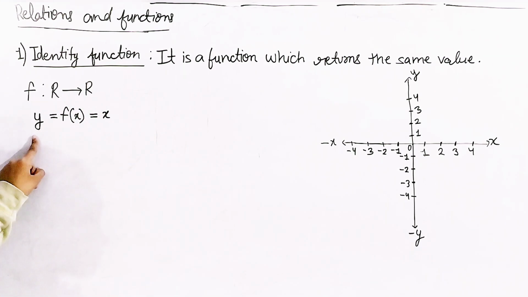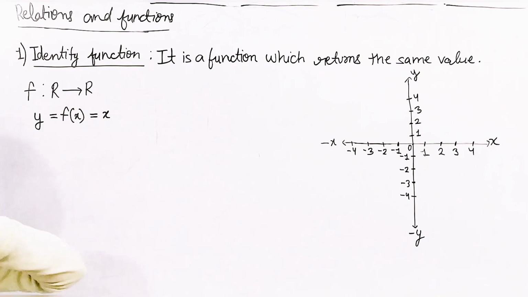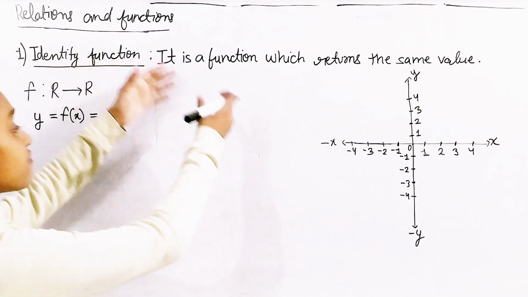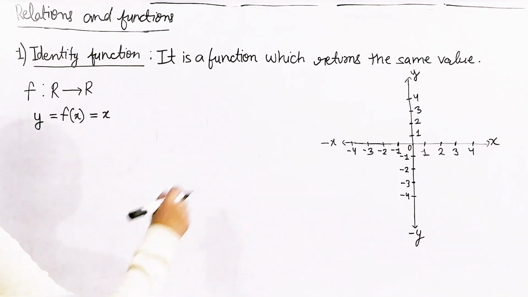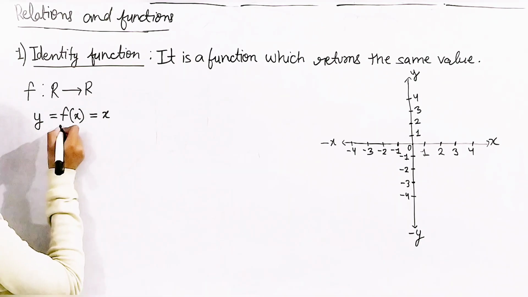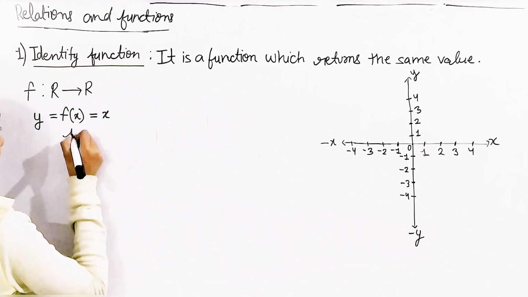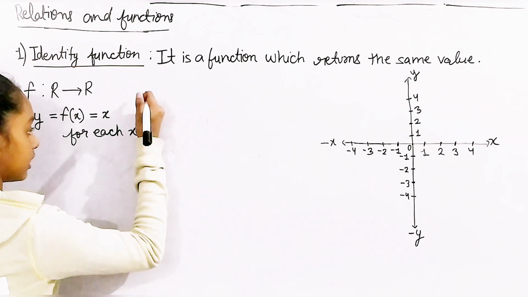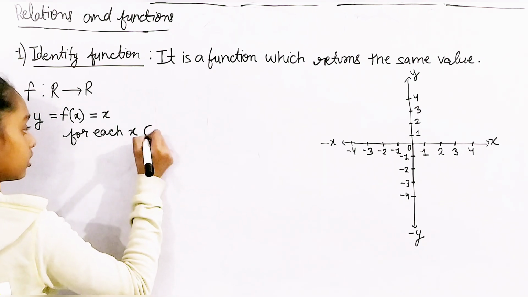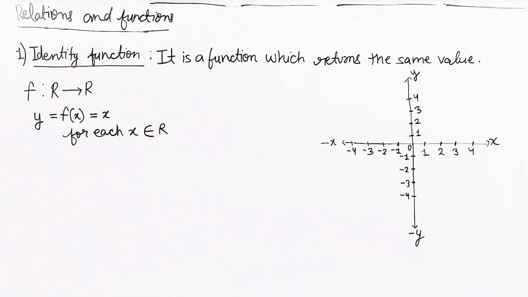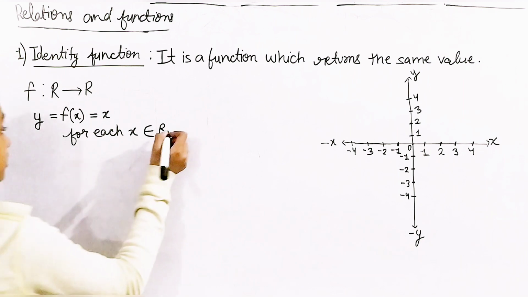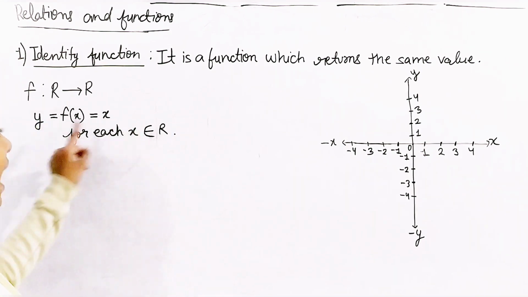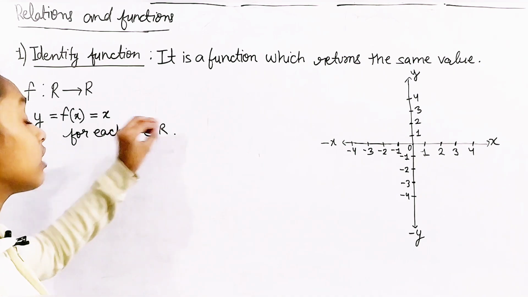What is this x? This y is actually the output, and this x is actually the input. So it's a function which returns the same value. We have y is equal to f(x) for each x belongs to R, R meaning the real numbers. So each and every element x will belong to the real numbers.